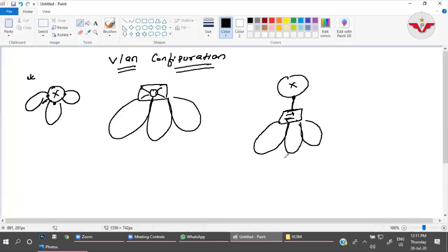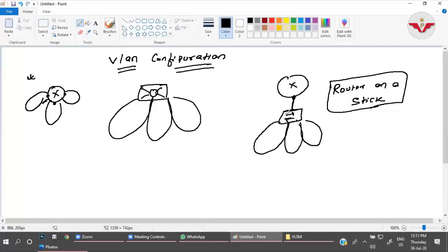This method is known as router on a stick, which we generally use in any local area network, because a router is a very costly device. If you use different ports for the same local area network, that is not good. So we will connect only one port to the switch, and then we will segment the network.